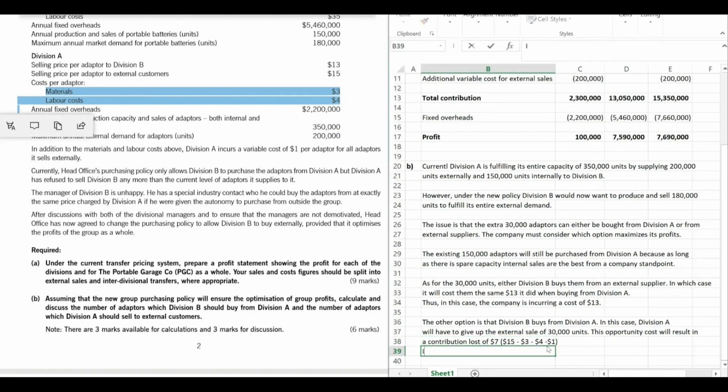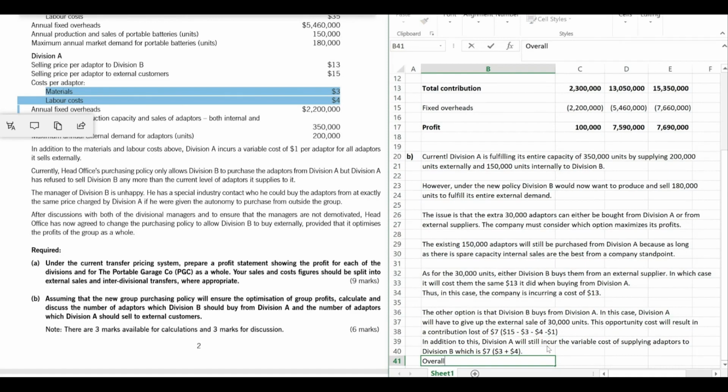So in addition to this, Division A will still incur the variable cost of supplying adapters to Division B, which is $7, $3 material. So we're showing the working here in case of making a typo, so that the examiner knows exactly where we're getting these numbers from. Okay, and this is for the calculations they're asking for.